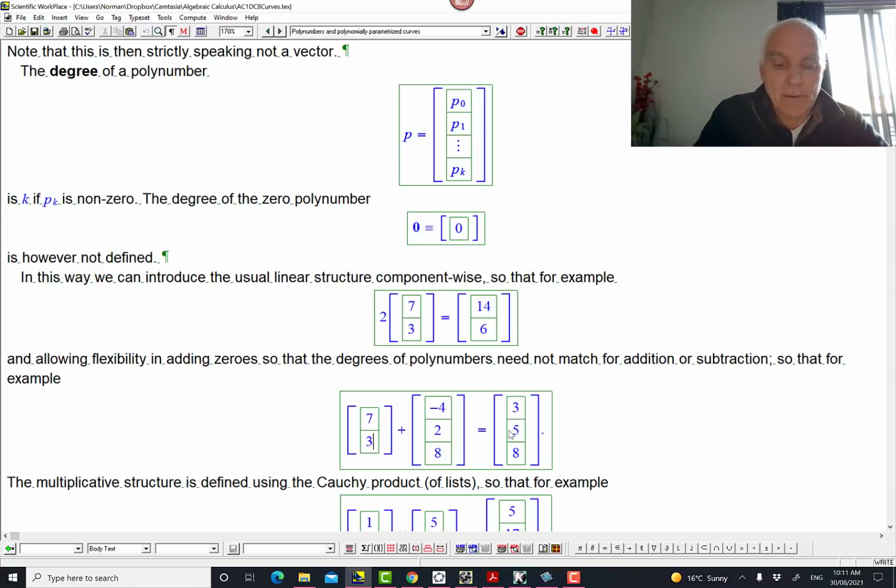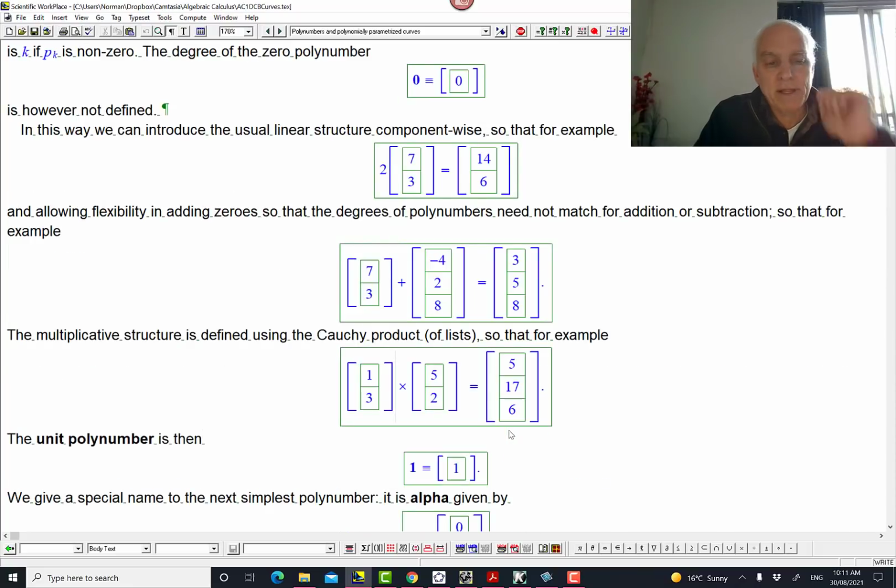Now, the interesting operation is the multiplication. Okay, the multiplication is determined by what's called the Cauchy product of lists. And okay, if you've watched my videos, you'll know all about this, but in case you haven't, the Cauchy product is determined as follows. Let me illustrate it in this example here. So we're multiplying the polynumber 1, 3 with the polynumber 5, 2.